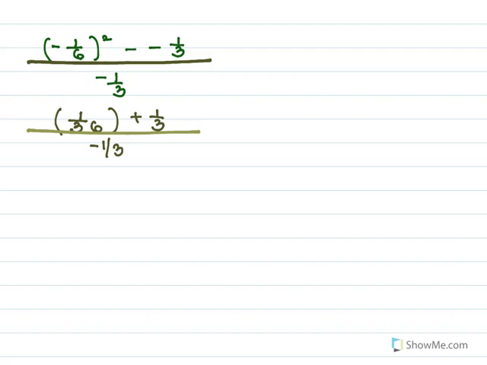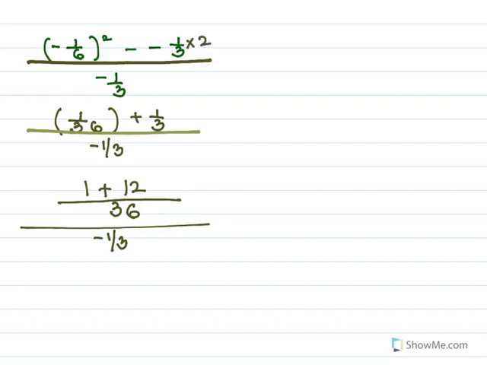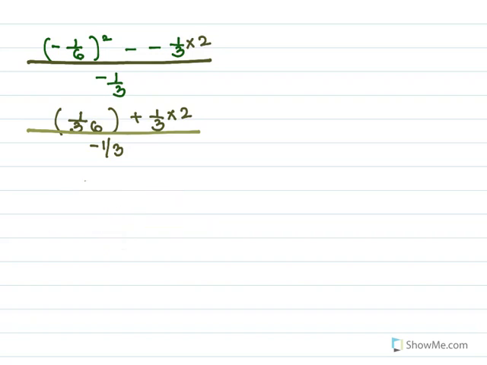So let's first solve the numerator. In the numerator we will take the LCM, and the LCM is 36. It will be 1 plus 12. Denominator minus 1 by 3. For this one, I think it should be into 2 here, which I have not written. So into 2. Let me do this again.